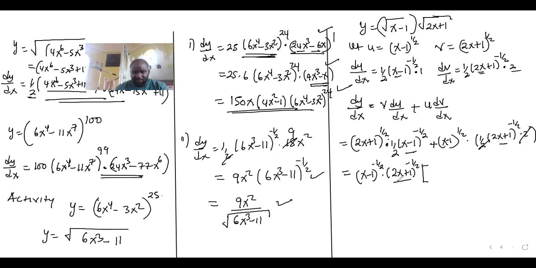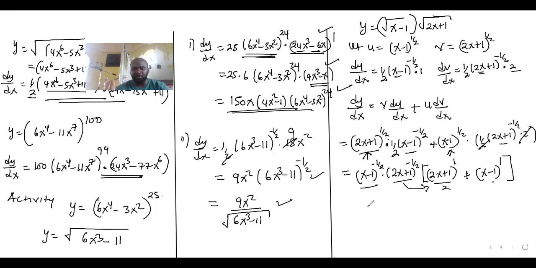The term here remains with 2x plus 1 power positive 1, but it is over 2. Whereby if this one is to come back, it will go back to this one. Then plus x minus 1 also power 1. The 2 on this term was reduced. So if it is to multiply with this part, it will go back to this one.